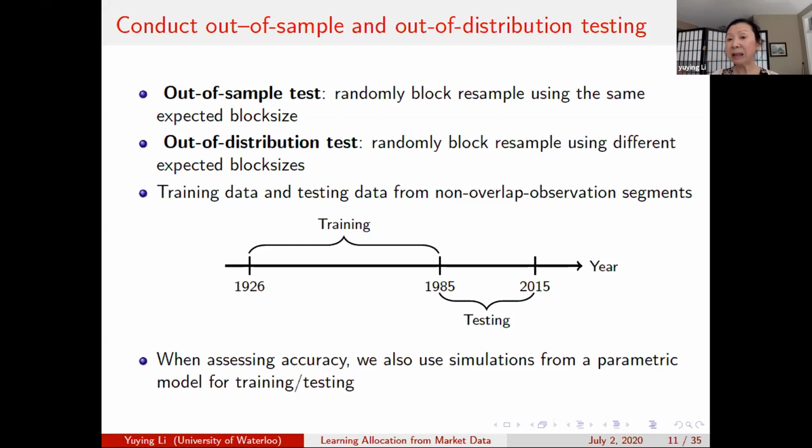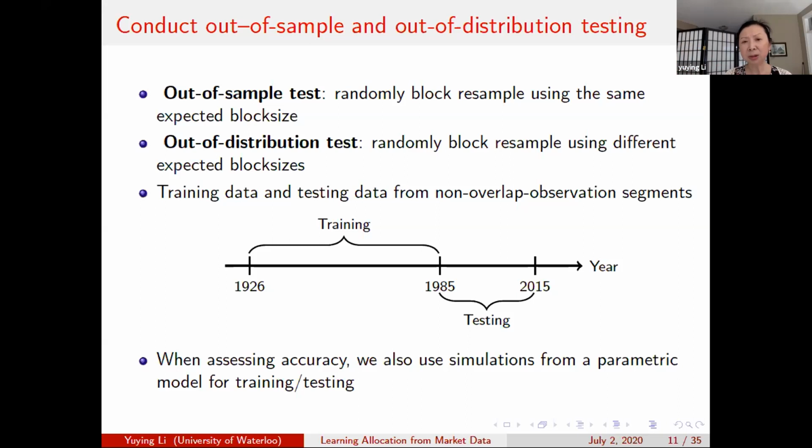When I use a different expected block size to block sample my testing data set, the distribution of my testing data set is actually different from my training data set. So I'm performing an out of distribution test. And that's something we will do as well.